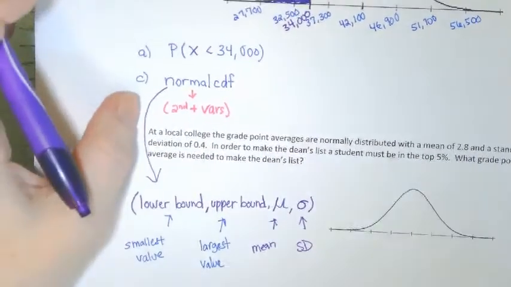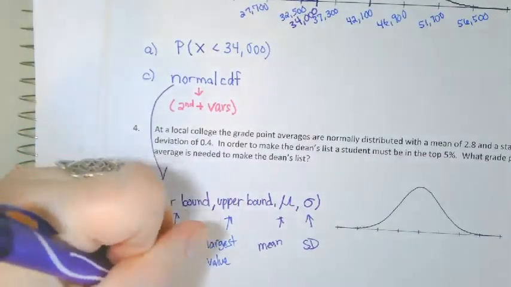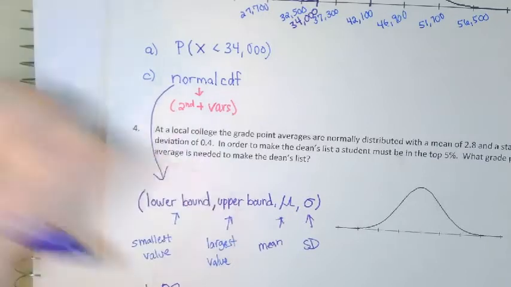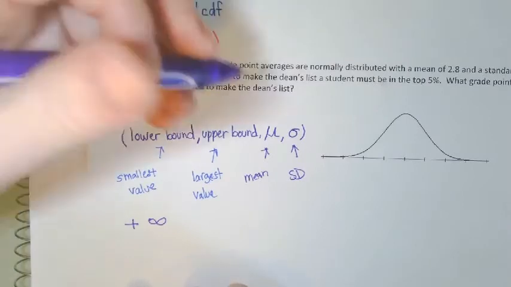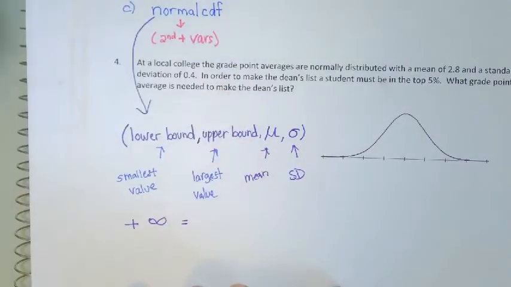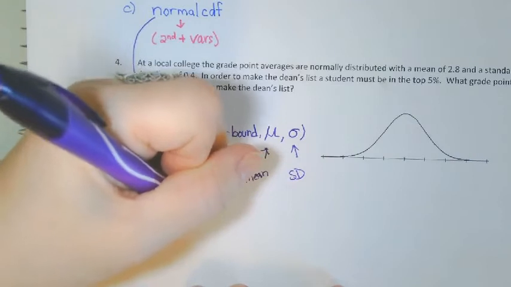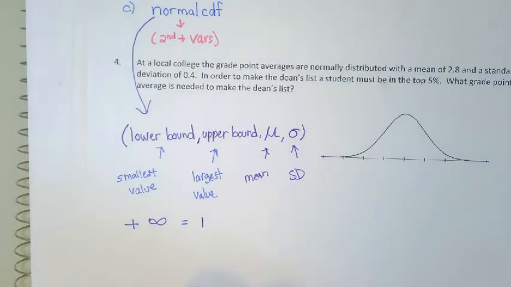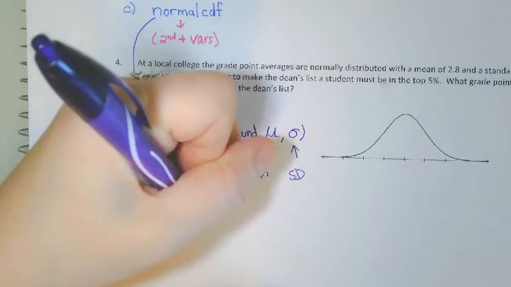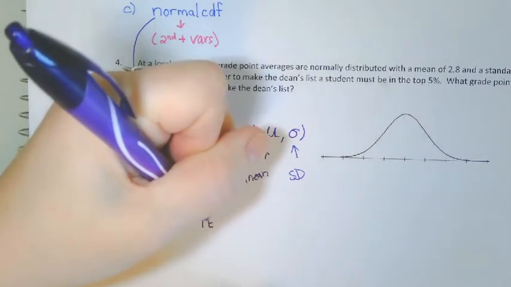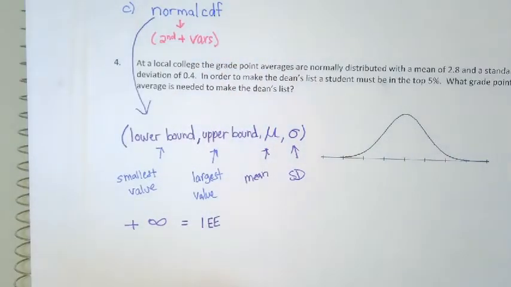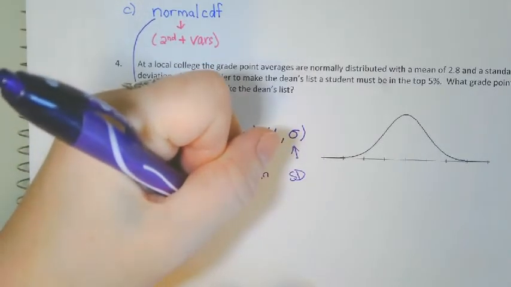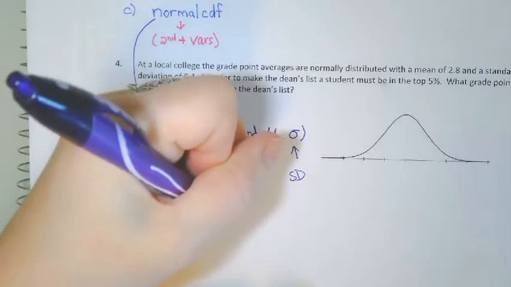So if you're trying to type in positive infinity to your calculator, you're going to type a +1. You're going to do second comma so that you're getting that EE button. And behind the EE, you're going to type 2 9s, 99.